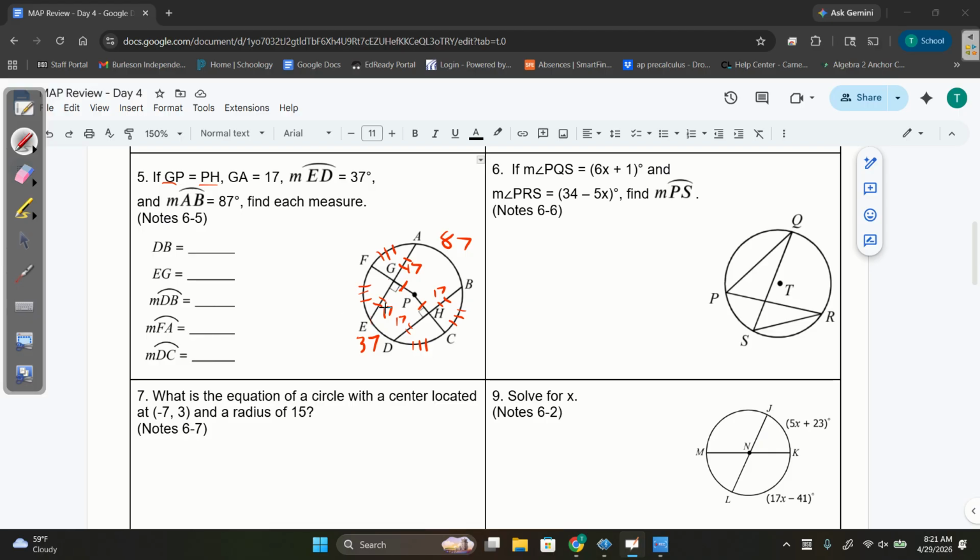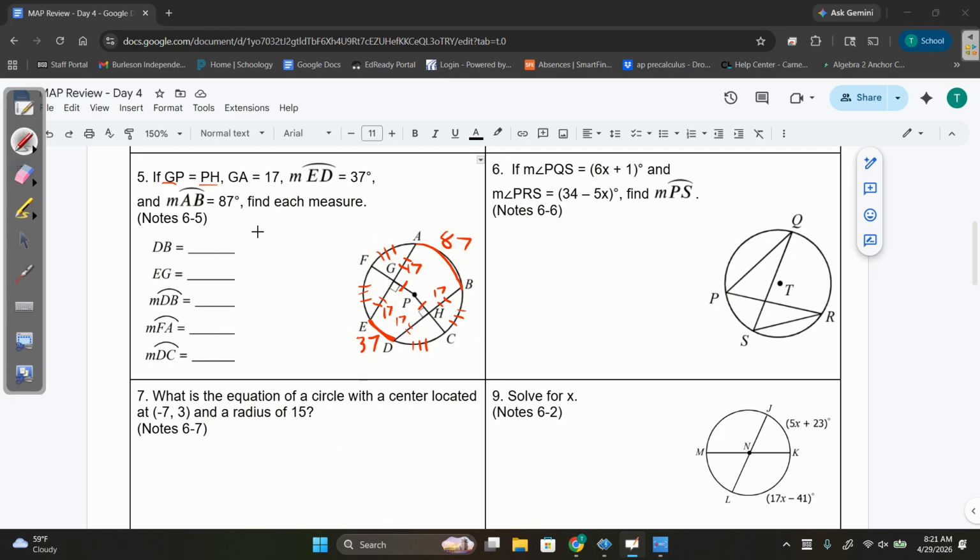Beyond that, we've got to try and find out what these missing pieces here are. Here's how we do that. We already know that here and here is 37 and 87. And we know that an entire circle has 360 degrees.